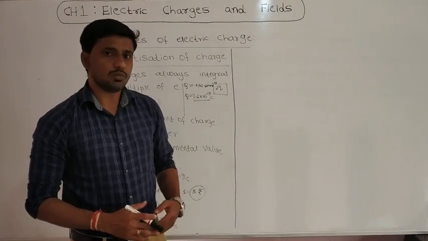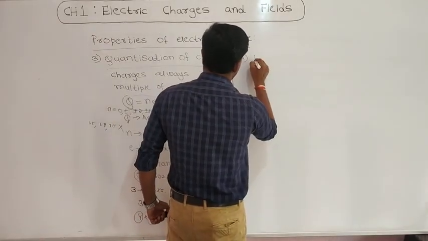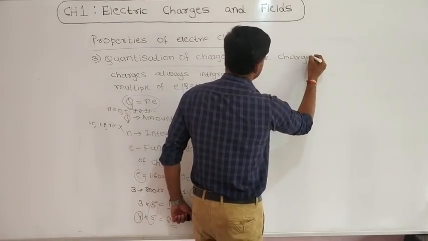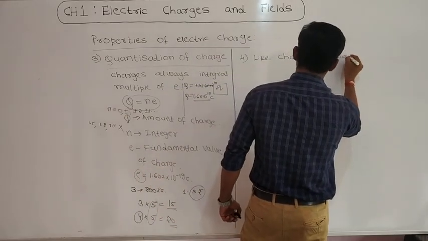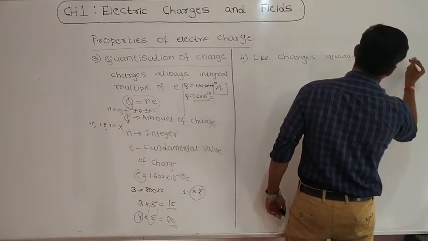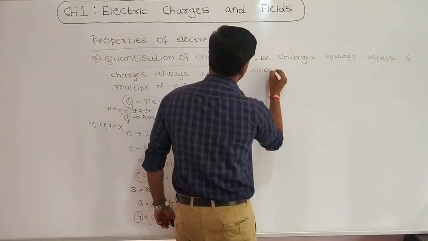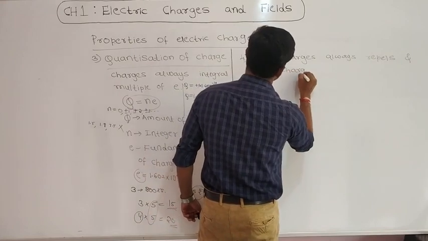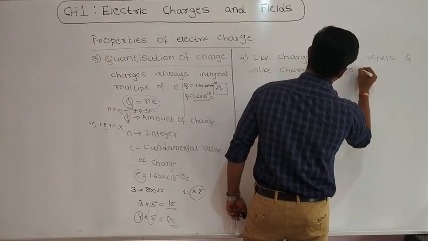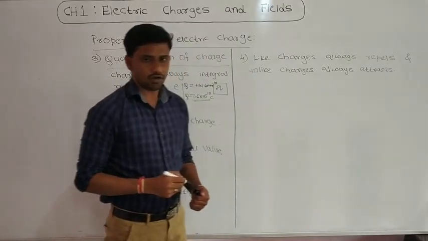Other than this, some other properties are also there. The 4th property is that like charges always repel, and unlike charges always attract.